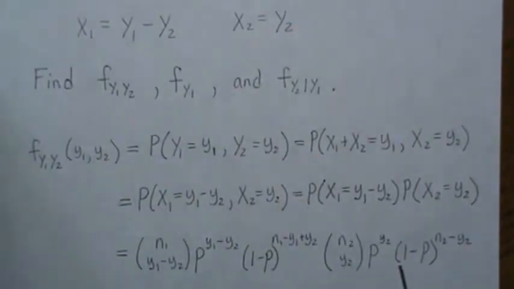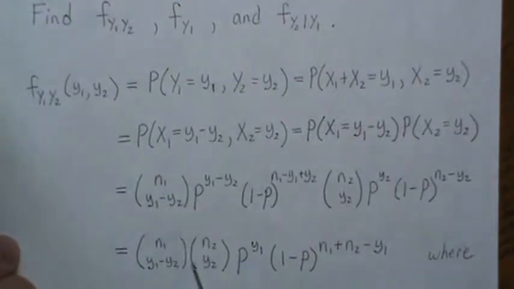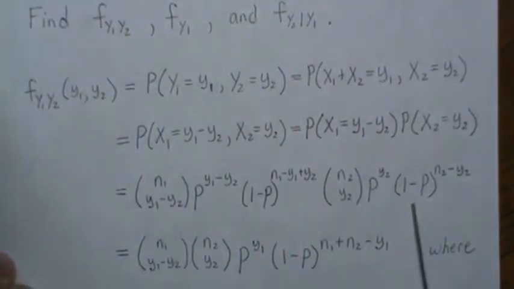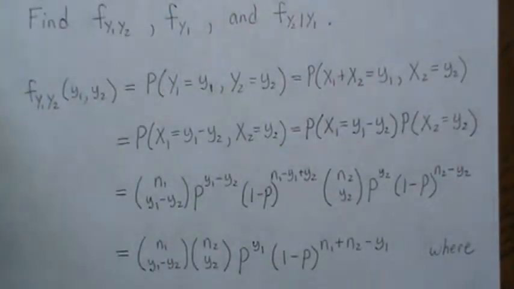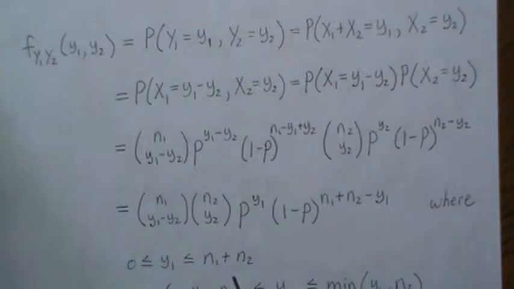Okay. Well, now we need to simplify this a little bit, and so we move the combinations out front, and we can combine the p's, and the y2's cancel, leaving just y1, and then this is common, so we can combine those two, which then ends up being n1 plus n2 minus y1. And this is where y1 is between 0 and n1 plus n2.